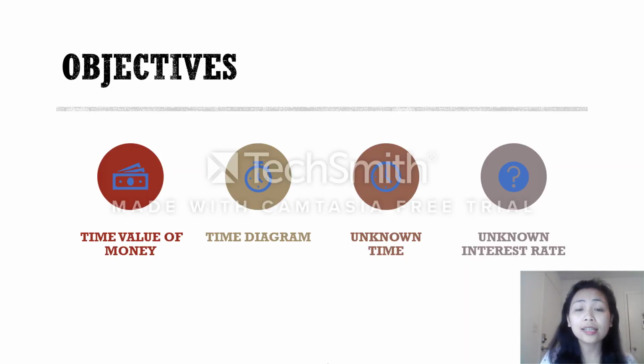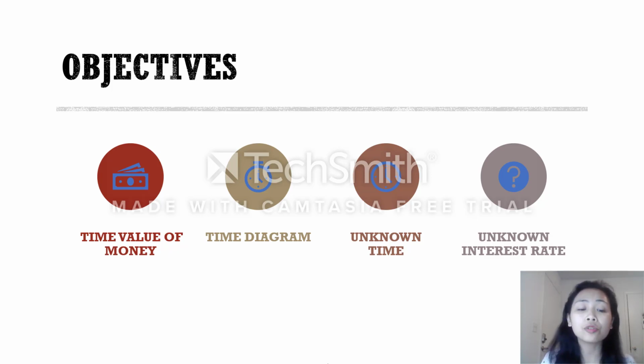In our last lesson, we learned about different types of interest rates and how to compute present value and accumulated value. Today we are going to compare investment money that is deposited or withdrawn at different times.